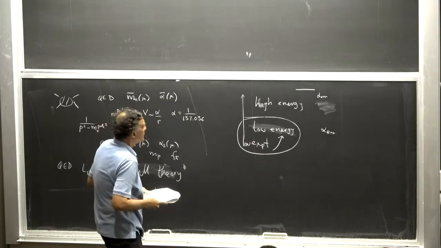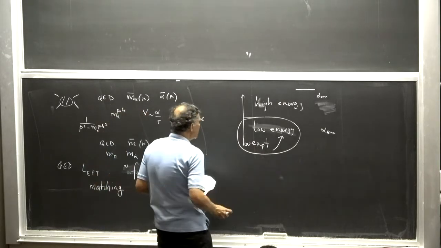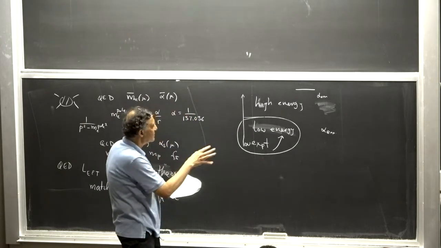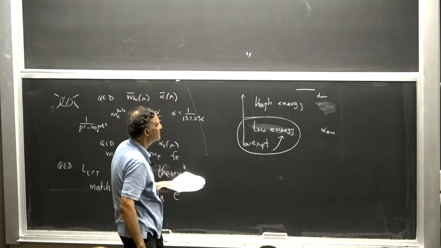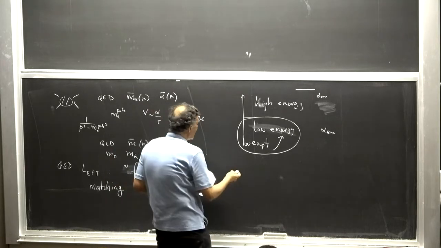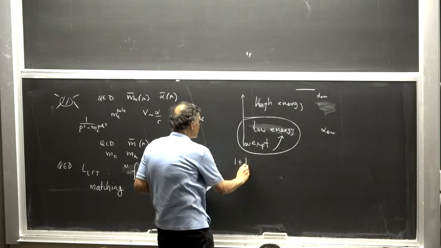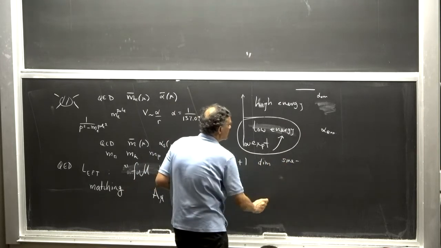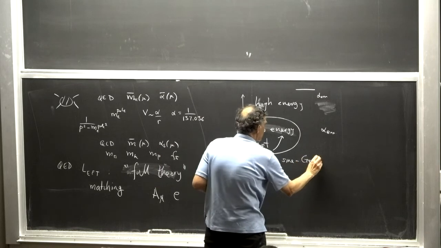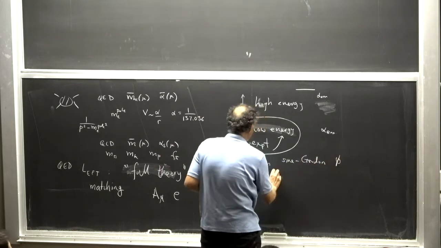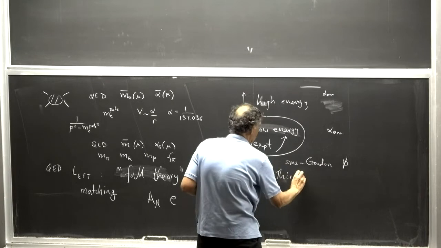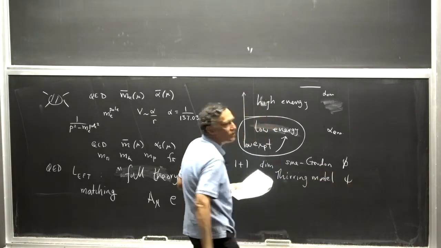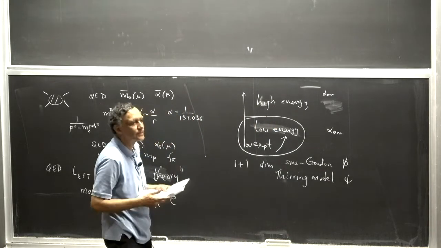And the other thing I mentioned was that the degrees of freedom you have to use are not always obvious. So for example, in chiral perturbation theory, we went from quarks and gluons to mesons and baryons. Another example, which is kind of an interesting one, is in 1+1 dimension. There's a sine-Gordon model, which is a scalar theory, and there's a Thirring model, which depends on a fermion. And Coleman showed that they're, in fact, the same theory.